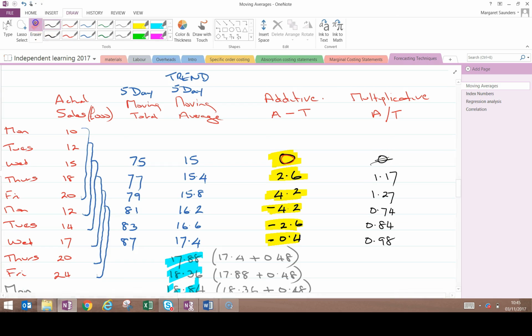So if I just highlight these, these are our seasonal variations using the multiplicative model.